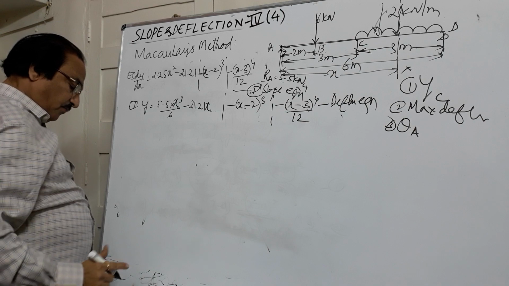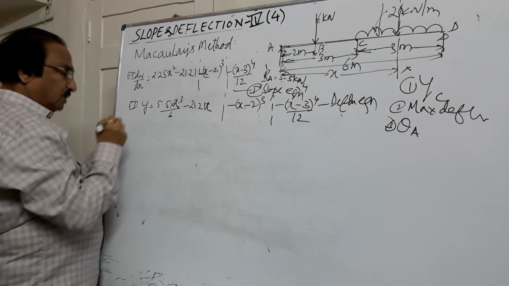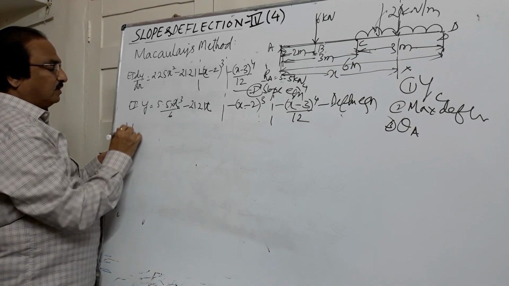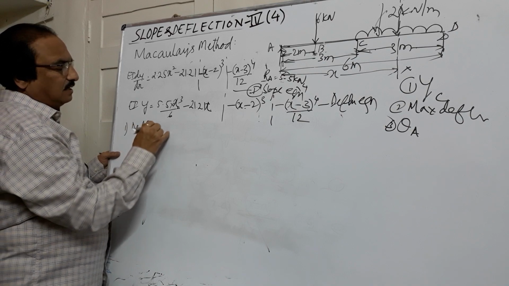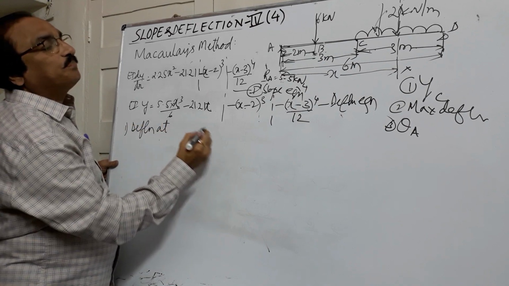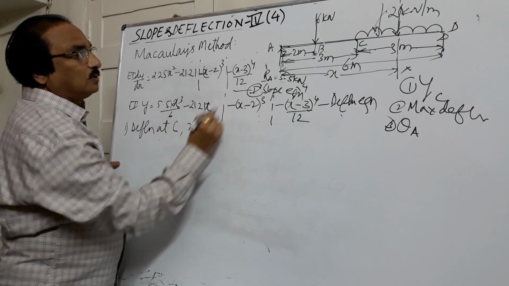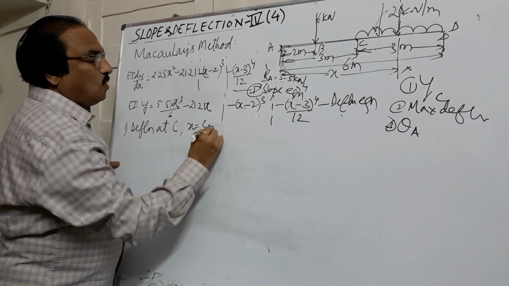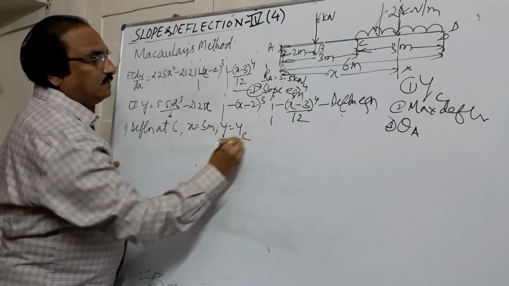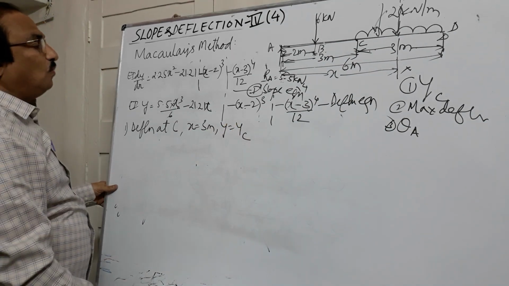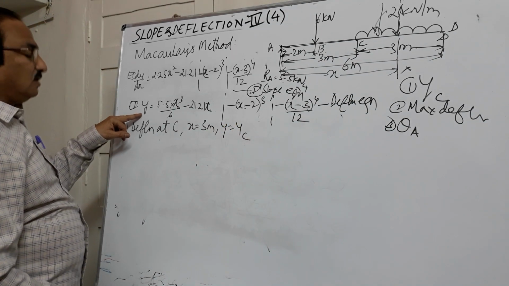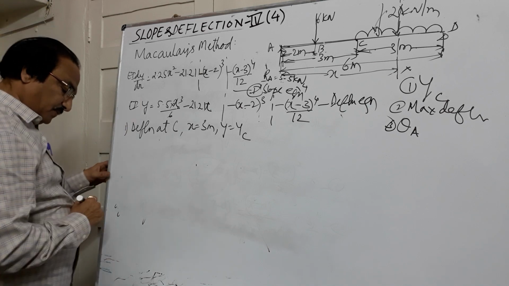So here we will use the equation for deflection. First find the deflection at C, that is at x is equal to 3 meters, y will be equal to yc. So we have got the equation for y. Let us substitute the value.